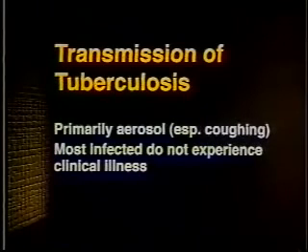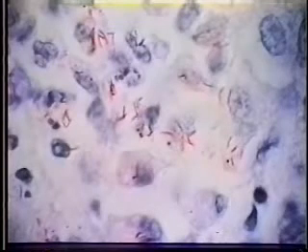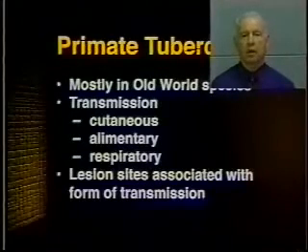Tuberculosis historically is one of an aerosolized infection, one primarily of a pulmonary infection, whereas that from bovine sources was more historically associated with lesions in bones and other tissues. The organisms, you'll recall, are acid-fast. Here's a slide showing the contrast staining of the organisms.